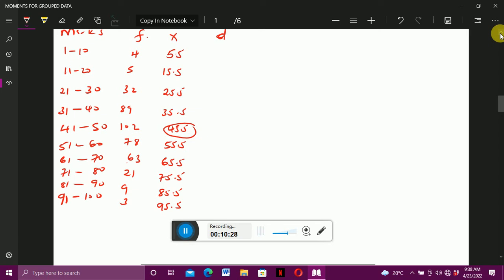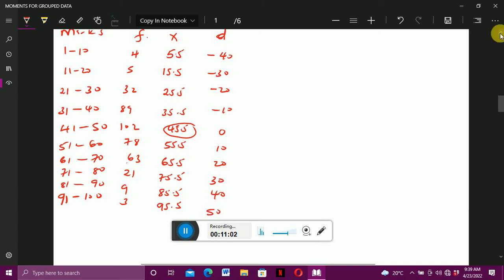So if we take 45.5 and subtract 5.5, we are going to get negative 40. We have negative 40, negative 30, negative 20, negative 10, 0, 10, 20, 30, 40, 50.